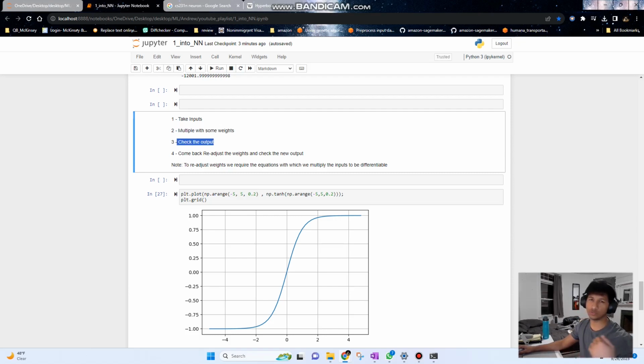Then we look at the output, come back and readjust these weights, perform the same mathematical calculation, and again check how the performance is with the new output. The only thing we need to make sure of is that these mathematical formulas or calculations are created in such a way that these equations must be differentiable.